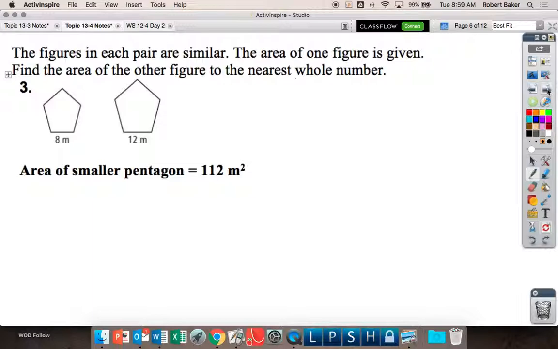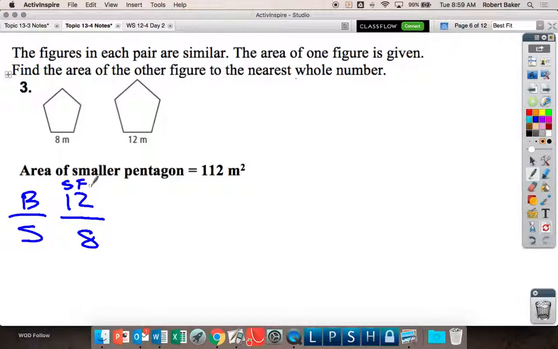So, do you want to do big over small or small over big? Big over small. So our scale factor is 12 over 8. Now, it's asking for the area of the smaller pentagon.